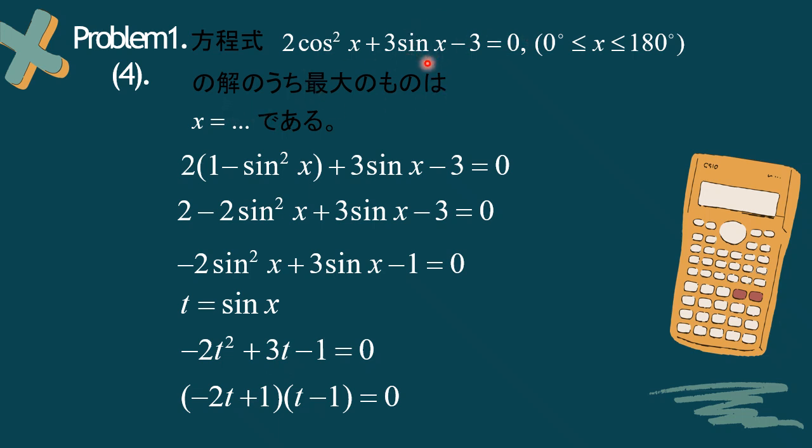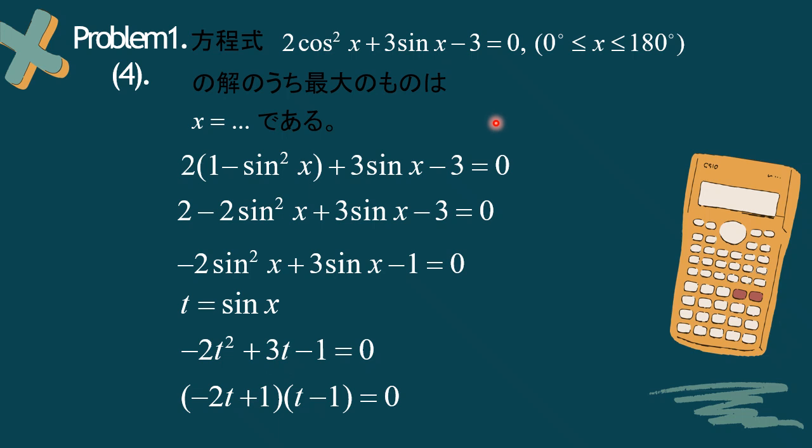So the key in order to solve these trigonometric equations: if we see there are only sines and cosines, and either of them has a square on it, we need to transform it into another equation, based on the Pythagorean identity, sine x squared plus cosine x squared equals 1.